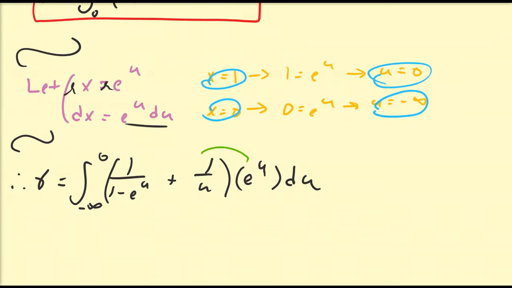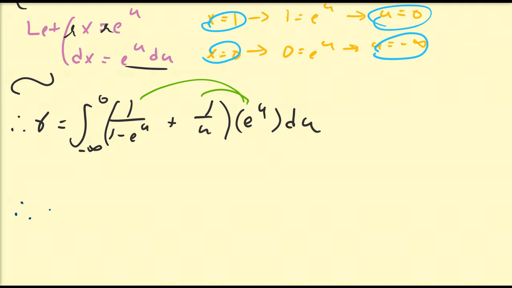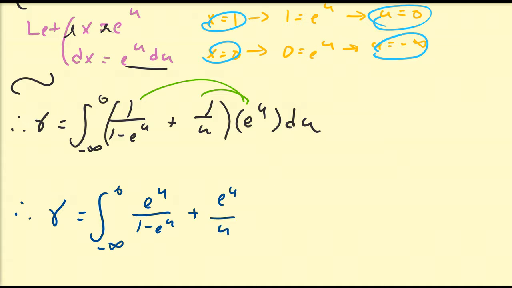So let's distribute this e to the u into this expression. We get that gamma is equal to the integral from minus infinity to 0 of e to the u all over 1 minus e to the u plus e to the u divided by u du.